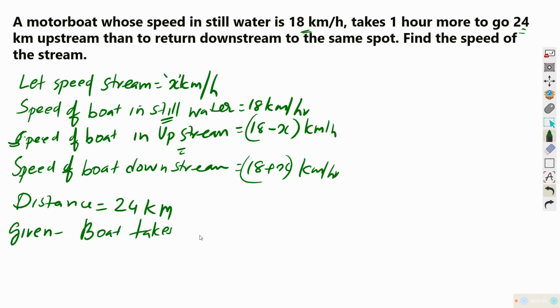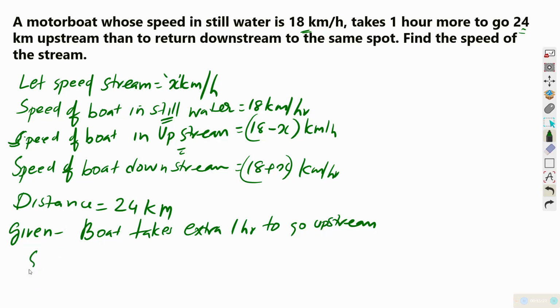So the boat takes 1 hour extra while going up. That means the time taken for upstream and downstream has a difference of 1 hour. This is a very important clue for solving the problem.